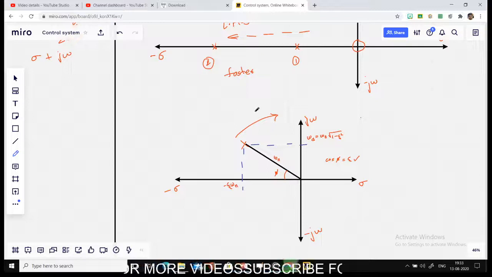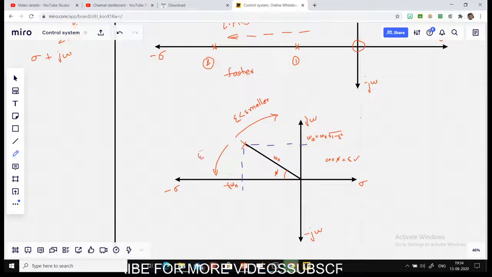As zeta is smaller, this pole moves towards the vertical axis, which is omega d, and that is perfectly fine. That is basically giving me no damping value in my system.